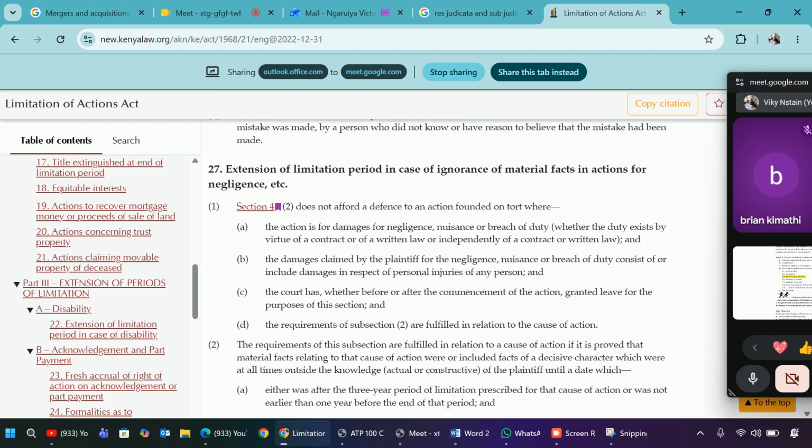Okay. Section 27 continues to tell us about extension of limitation period in case of ignorance of material facts in actions for negligence. This was tested in 2019.